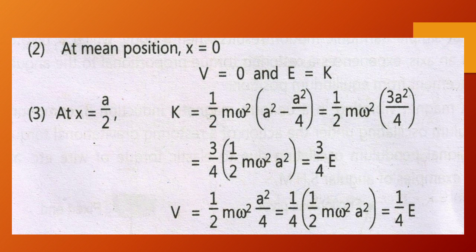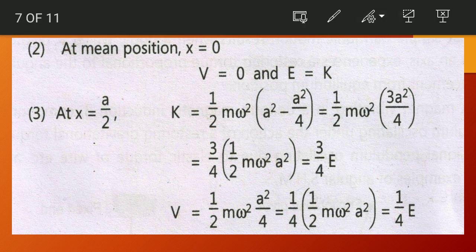Now kinetic energy is equal to 1/2 m omega square (a square minus a square by 4), which is equal to 1/2 m omega square into 3a square by 4, equal to 3/4 of 1/2 m omega square a square.